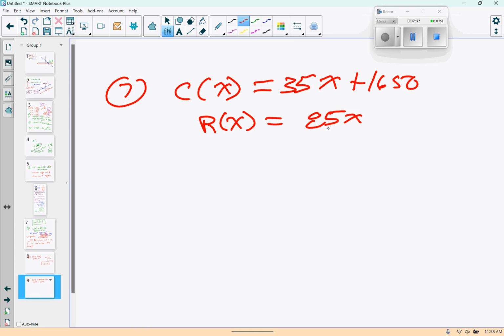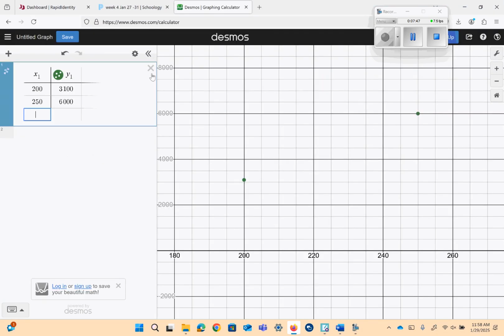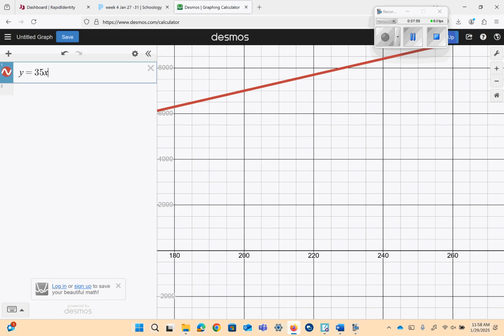Oh, we've got to go back to Desmos. Graph these 2 lines. So let's clear that. Rather than using C of x, I'm going to go y equals 35x plus 1650.